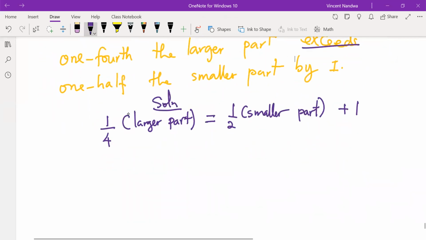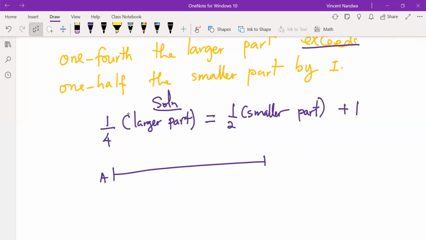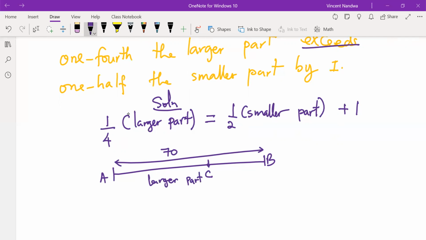Now, say this is the whole part from A to B, and the value here is 70. Let's say this point is C. So A to C is the larger part, and C to B is the smaller part.